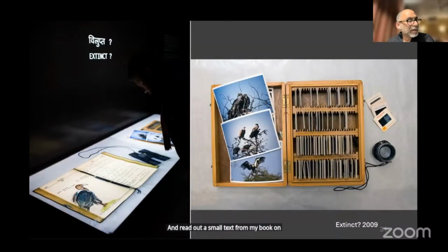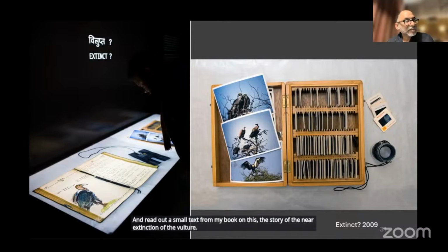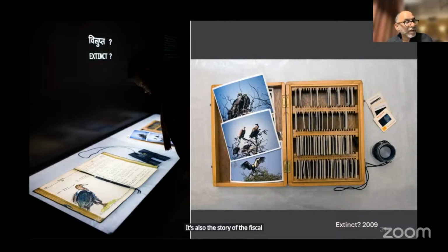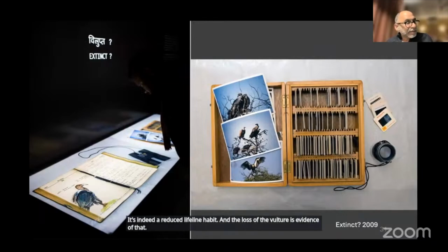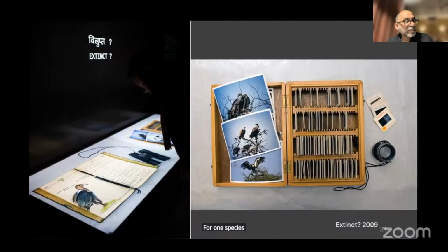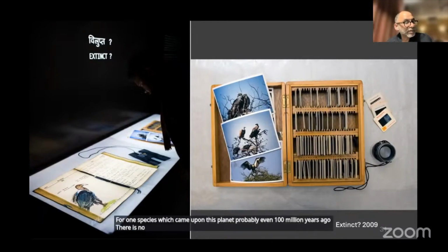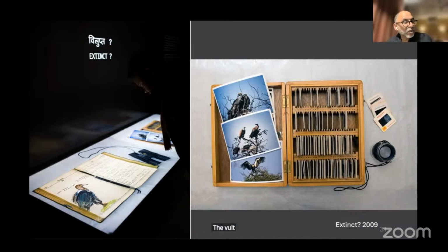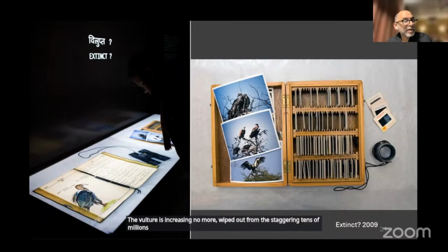The story of the near extinction of the vulture is also the story of the fiscal and political power of economic and industrial processes. It's indeed a reduced life we inhabit, and the loss of the vulture is evidence of that. For one species which came upon this planet probably even 100 million years ago, there is no journey left, almost. The vulture is increasing no more, wiped out from the staggering tens of millions in number in the subcontinent, even a couple of decades ago, to less than tens of thousands.